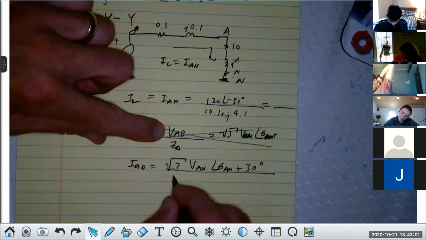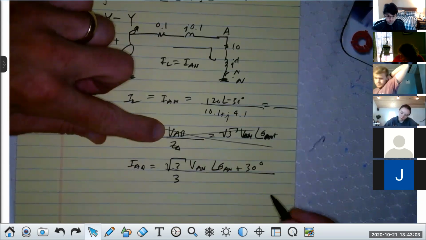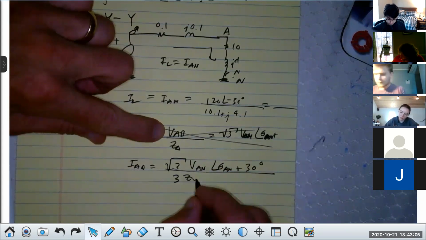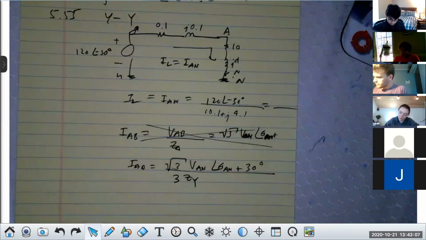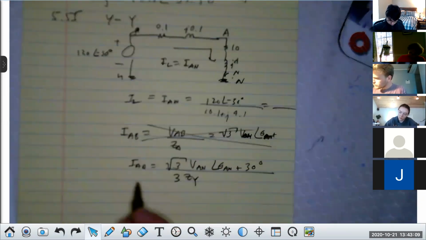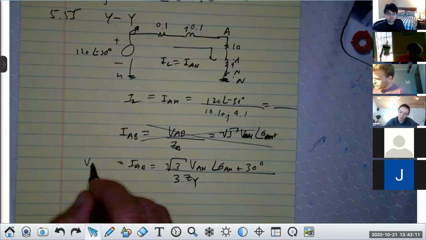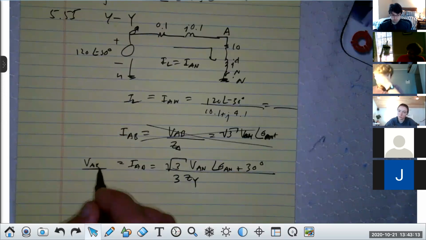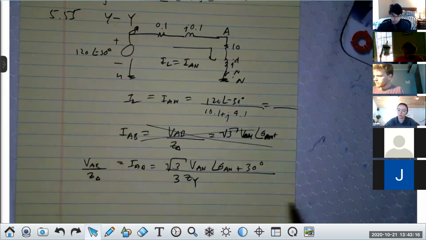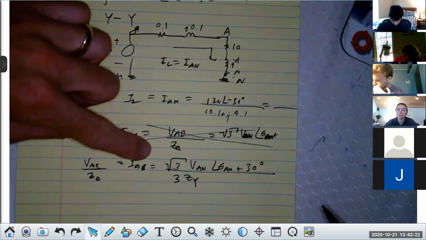Now Z delta is 3 times Z_Y. Does everybody agree with that? This is really V_AB divided by Z delta. That's I_AB. Do you agree with me, class? Now look what happens. What is this really?